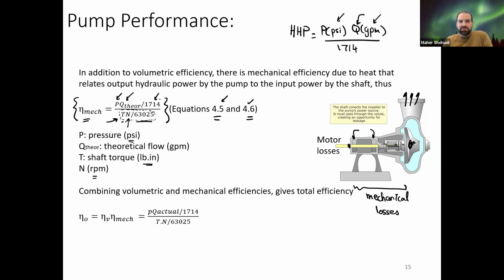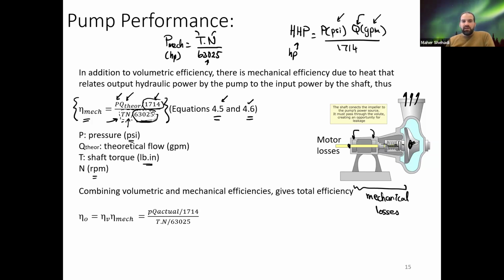Okay, because we have these constants here. The 1714 gives me horsepower here, and then the mechanical power, it's Tn over 63,025. So once we put this torque in inch-pound and RPM, this will also be horsepower.